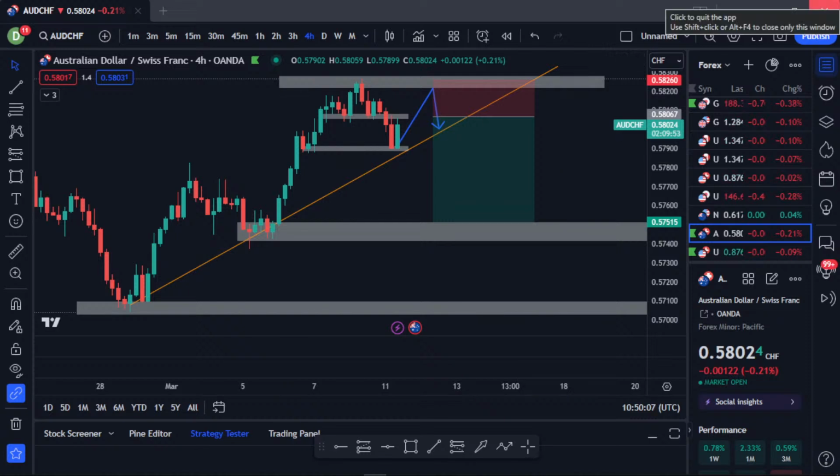So if you are there right now and you need any pair to be shared, kindly drop the pair and then drop your time frame as well.